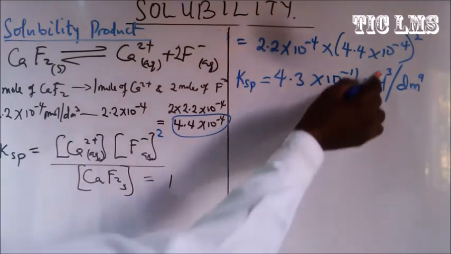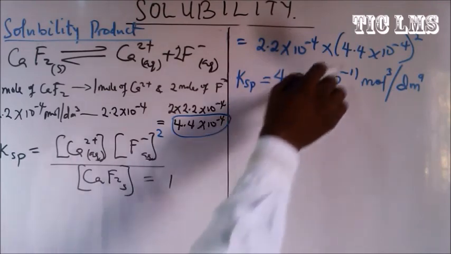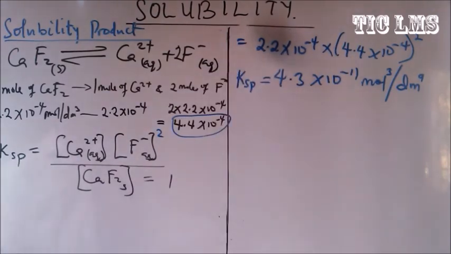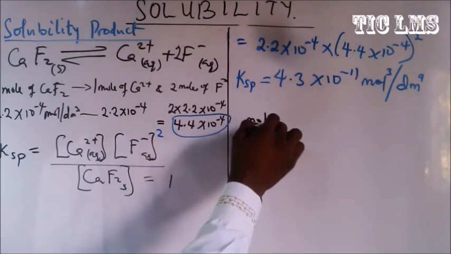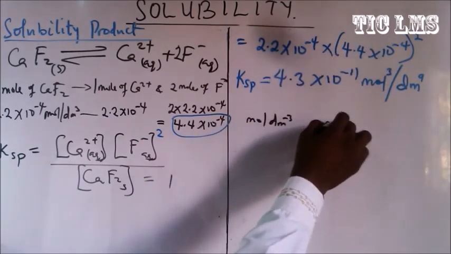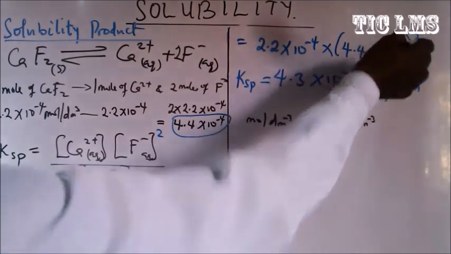Now you'll be wondering, why do we have 3 here and we have 9 here? We have 3 there because this first one is mole per dm cubed. This other one is mole per dm cubed, but it is raised to power 2.